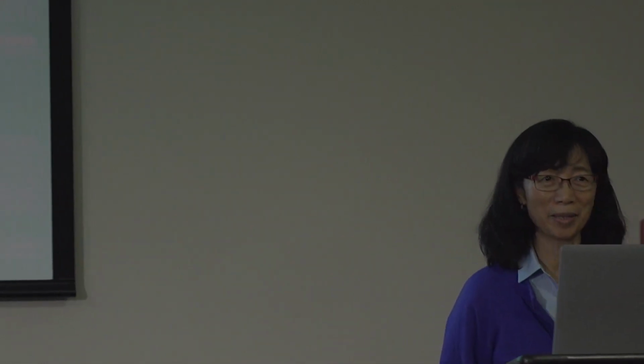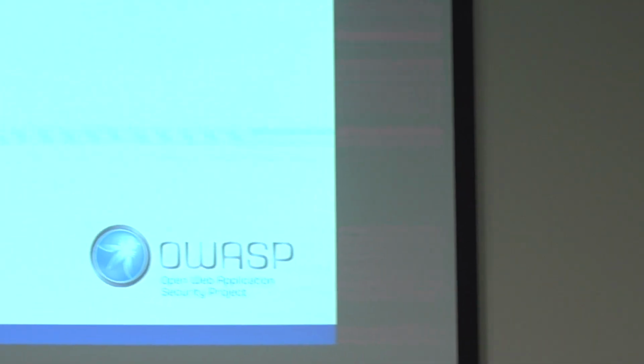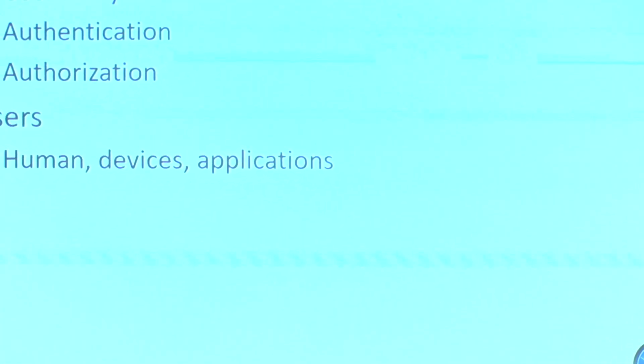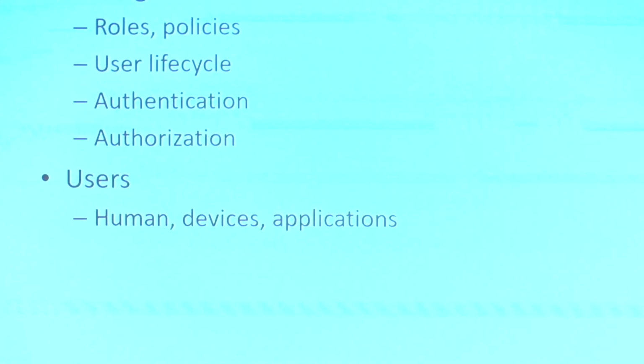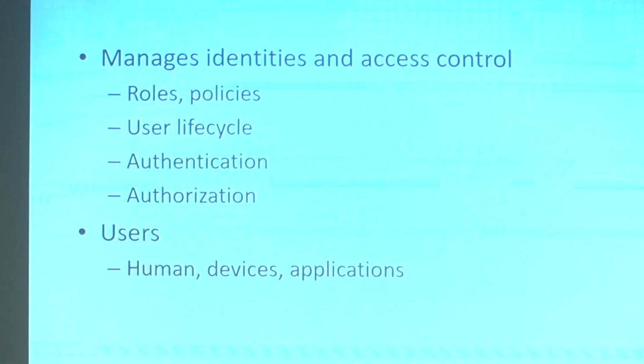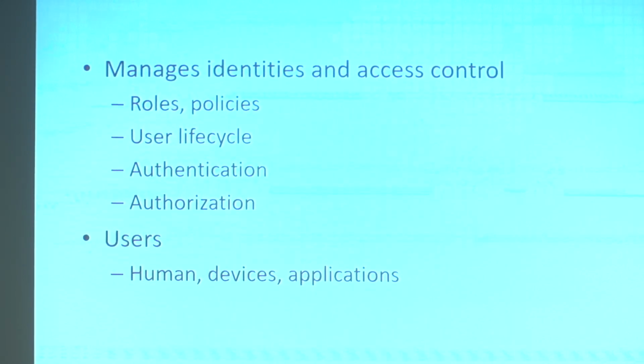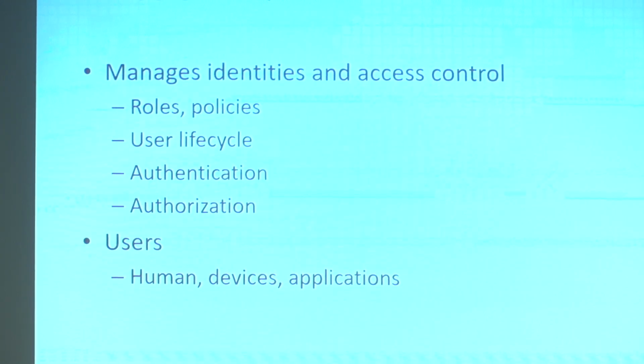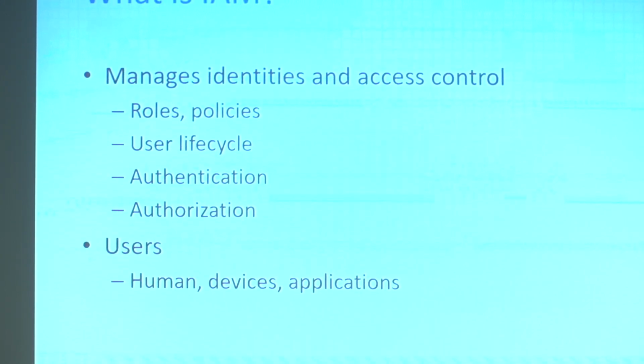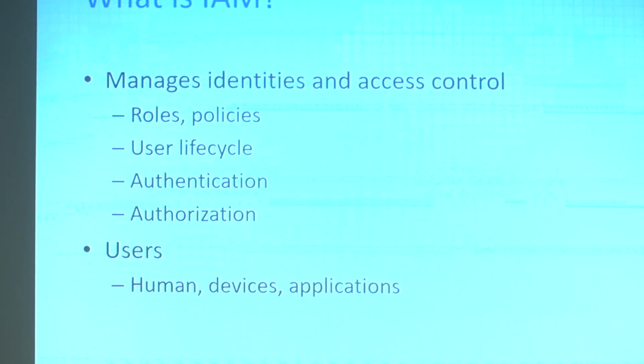First, let's have a very brief overview of what is IAM. You may take courses for a day or days about IAM, but let's just take 1 minute to talk about this. In general, an identity and access management system, as its name says, manages identity life cycles. And it authenticates users and controls access to resources.